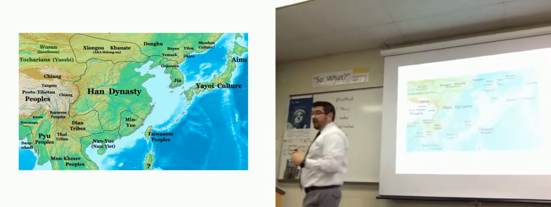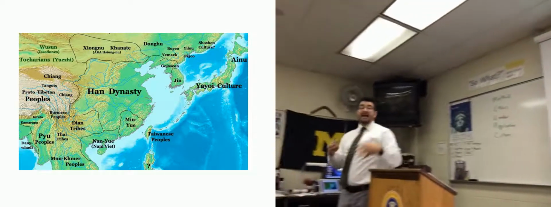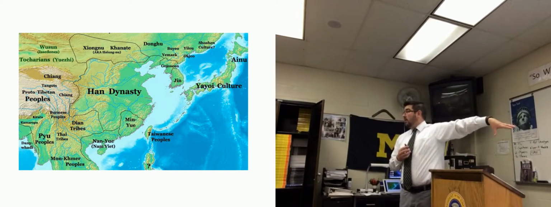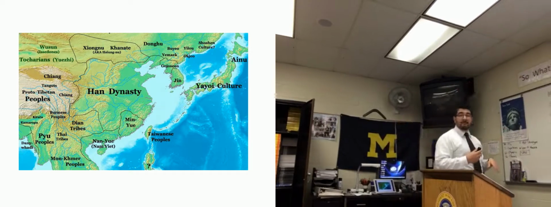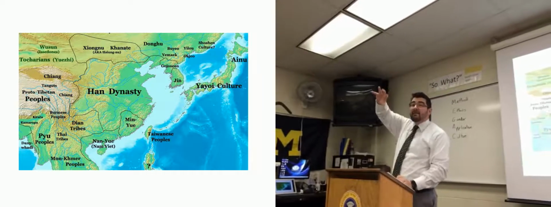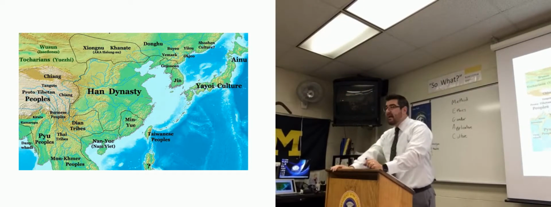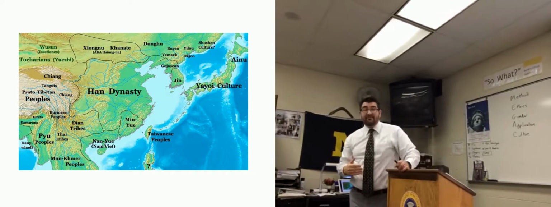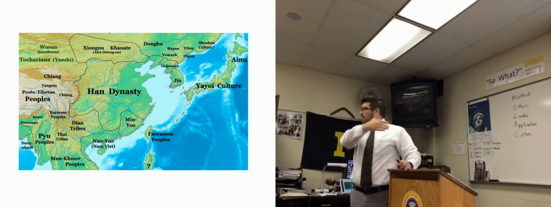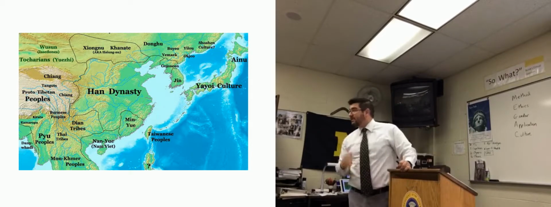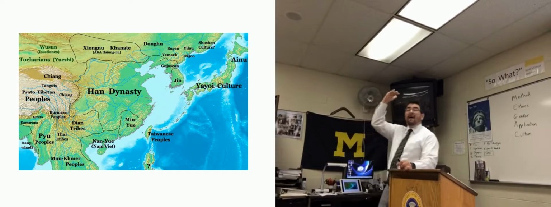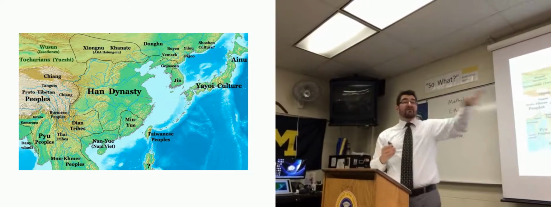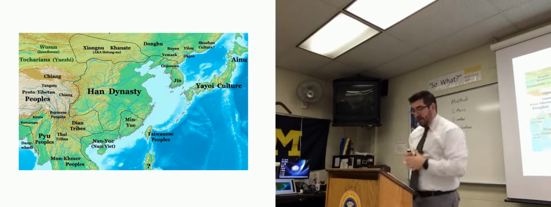Nomadic peoples, whether the Huns that we're going to talk about now, or the Mongols that we're going to talk about in a couple months, are regularly messing around with settled civilization, because settled civilization has stuff that the nomads don't have. So they want to break in and raid and take some of the stuff that they have. When empires are strong, they can keep them out. But when empires are experiencing all these internal problems that we've talked about, they'll have a hard time.